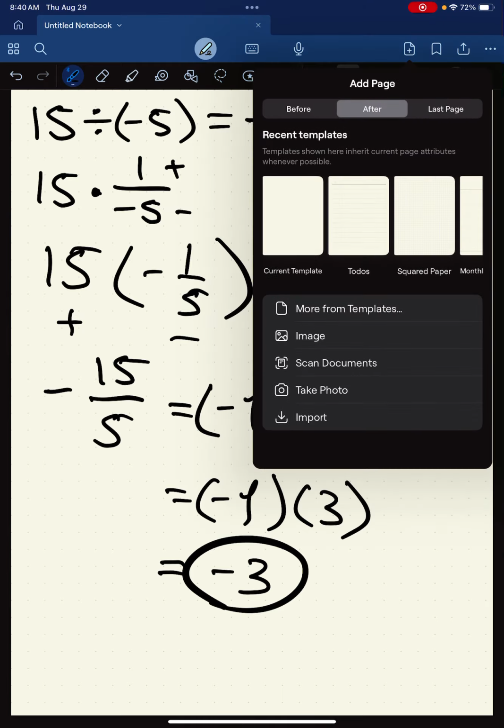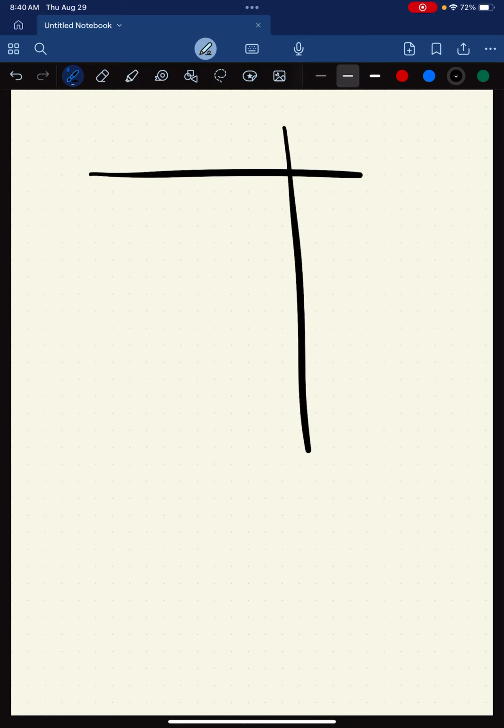And to really hammer this point home, if you remember our chart that we had before, let's do it again, but with actual numbers this time. Sorry, I think we did 15 divided by 5. 15 divided by 5 is 3.